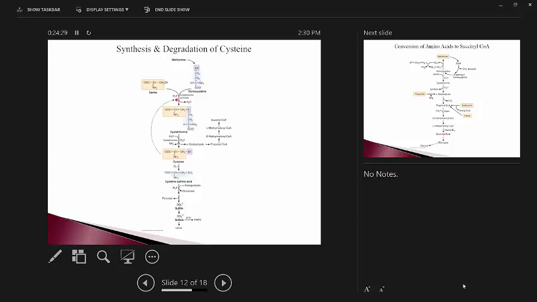If I have this one missing and not this one missing, I still end up with a homocystinuria because this is accumulating, okay? And cysteine still becomes an essential amino acid, okay? You have to make sure that cysteine is there, okay? Everybody comfortable with that? Okay, not too fancy, okay?